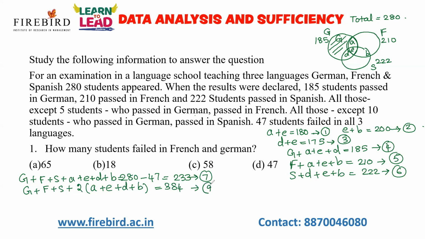Take this as 8th equation. If I subtract equation 8 and 7, I'll get A plus B plus D plus 2E is equal to 384. And see, if you add it here, you'll get all the values which is equal to what? 614, 617.